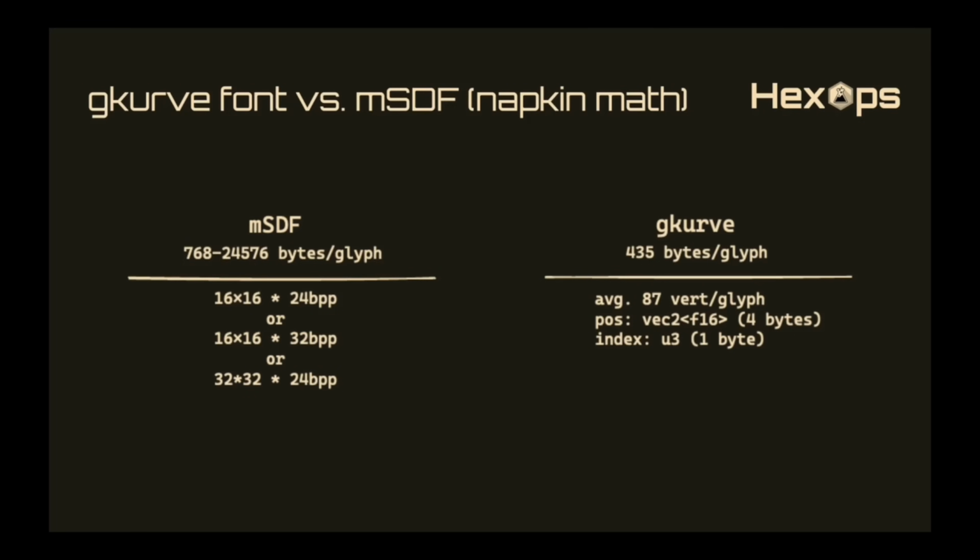But in any case, this means in the best case scenario, you're going to end up at about 768 bytes per glyph. With this, you can pass in per vertex, you're going to average about 87 for an individual glyph, and you pass in the position. That can be a half precision float since you're in screen space, and just an index about which point on the triangle you are, and so that can be quite a bit less.